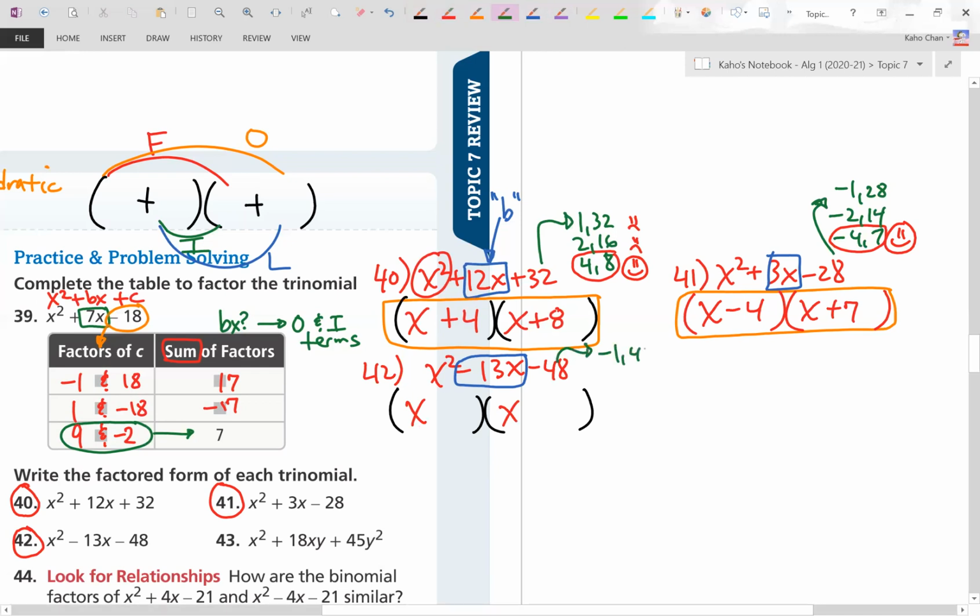Negative 1 and 48, negative 2 and 24, getting there. Negative 3 and 16. Oh, look how close that is. What if I made it positive 3, negative 16? Ding, ding. There's my pair. Just by switching the sign, it matches the negative 13 from my middle term right there. There we go. Not too bad.